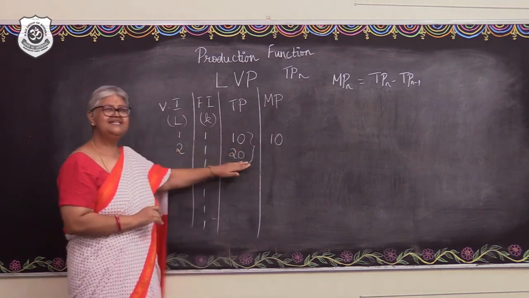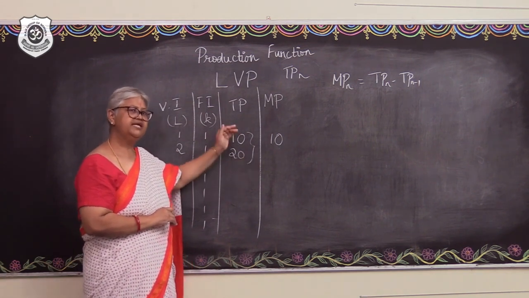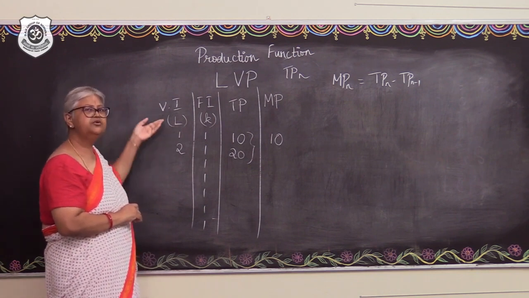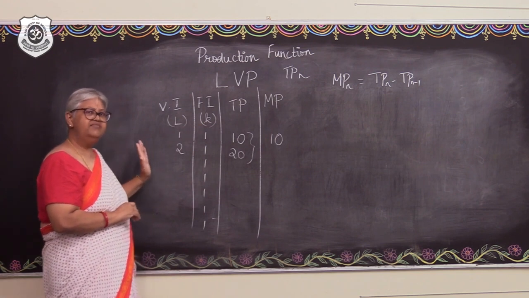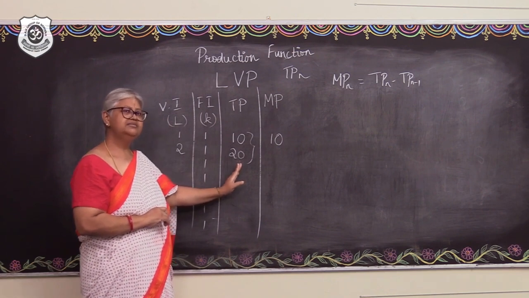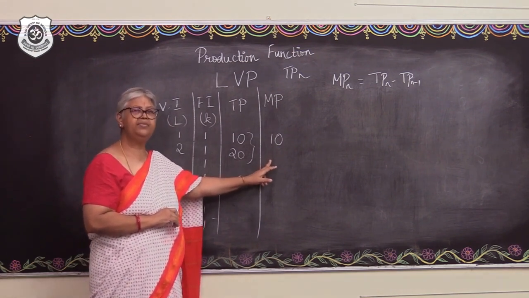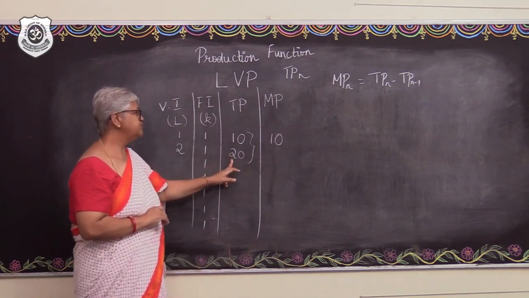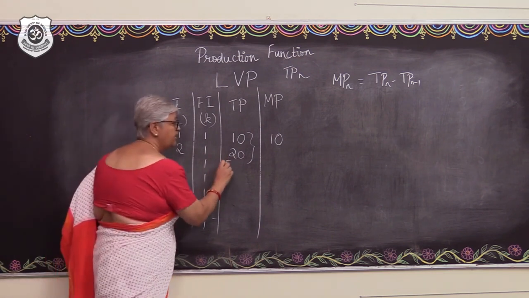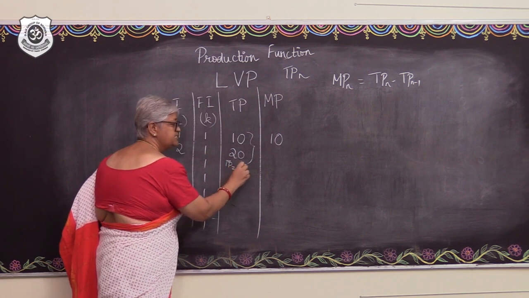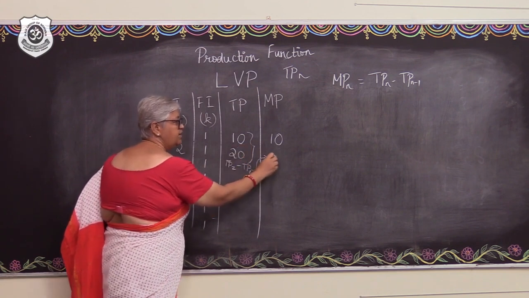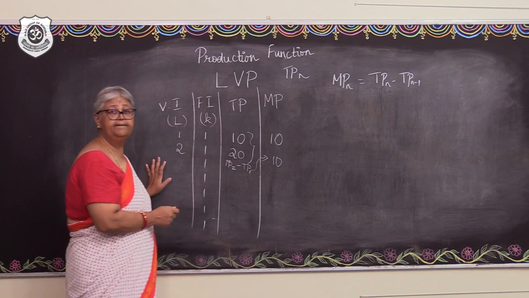Subsequently, when you are increasing the level of output to the next level, that is possible due to an increased amount of variable input. So due to employment of this variable input, what is the addition that is made to the total product or the total output? That is what we are going to understand through this MP. The difference between this 20 and 10, or rather the total product of 2 units minus the total product of 1 unit, that is 20 minus 10, can be understood as 10 here.